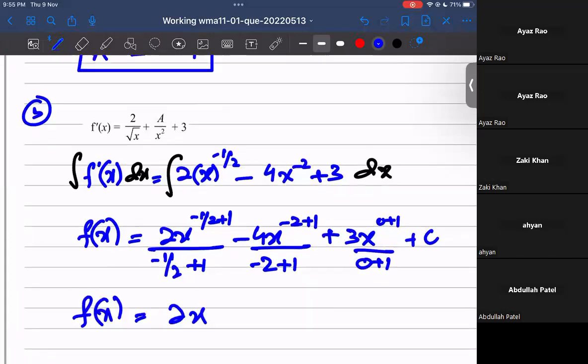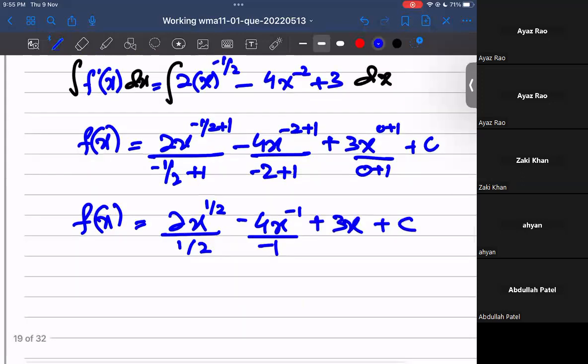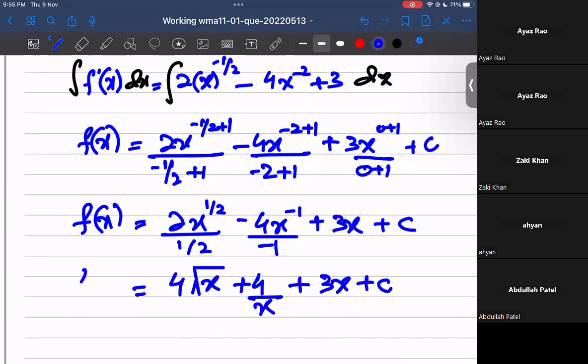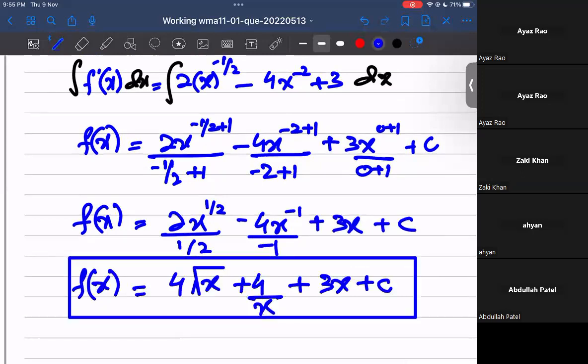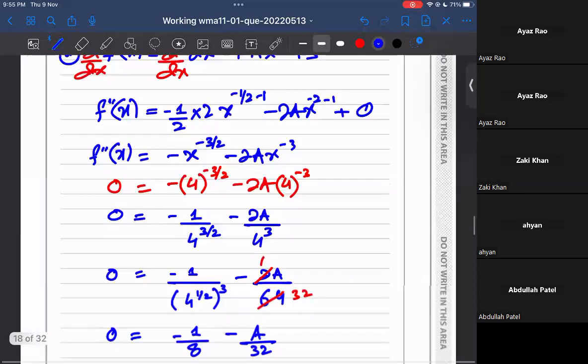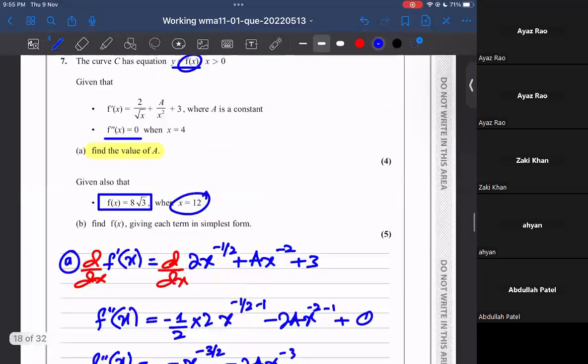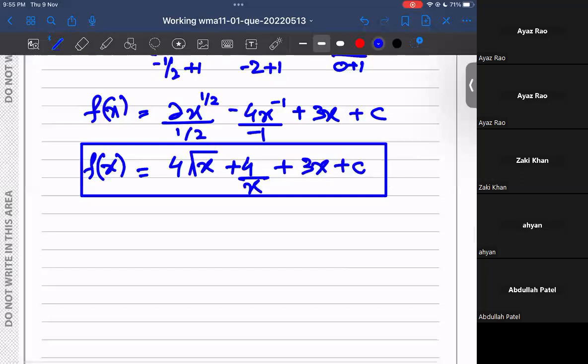-1/2 plus 1 is 1/2. Now look, f of x is 8/3 and x is 12, so these are the values that were given to find out the value of c.